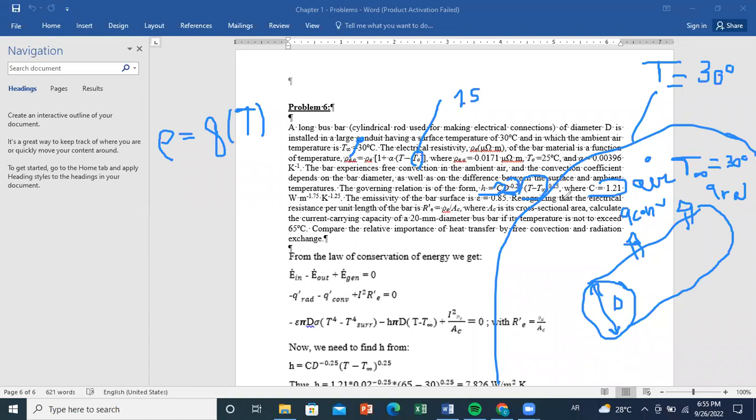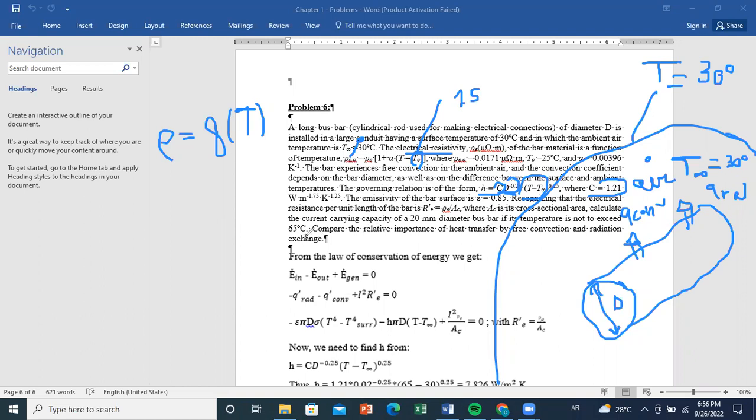Now, recognizing that the electrical resistance per unit length for the bar is R prime E equal to the electrical resistivity, which is given, over A_C, where A_C is the cross-sectional area of our cylinder. We want to calculate the current carrying capacity of a 20 millimeter diameter bus bar if its temperature is not to exceed 65 degrees.